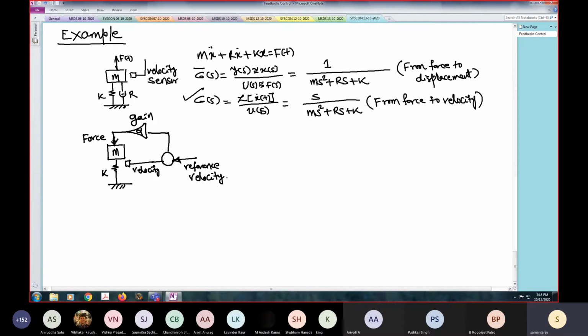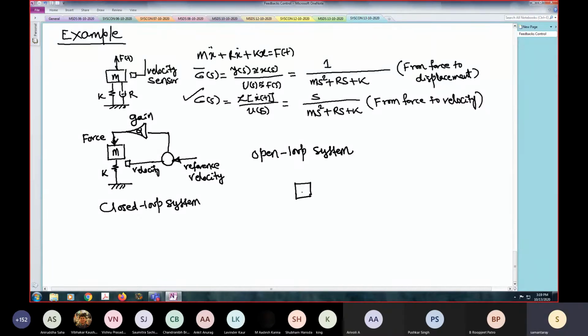What is the open loop transfer function? First I will draw the open loop system. This is the closed loop system. So the open loop system becomes: we have mass.